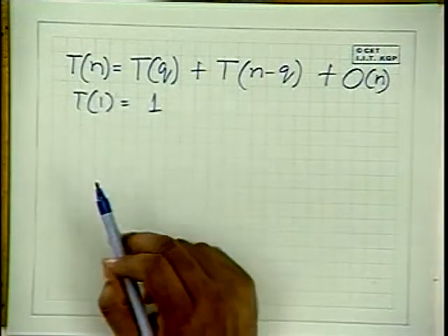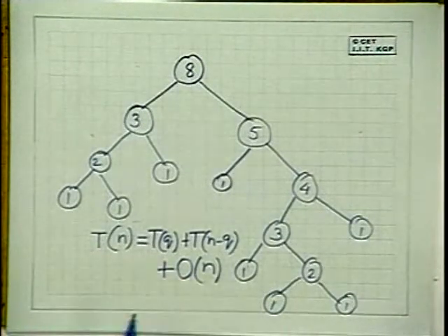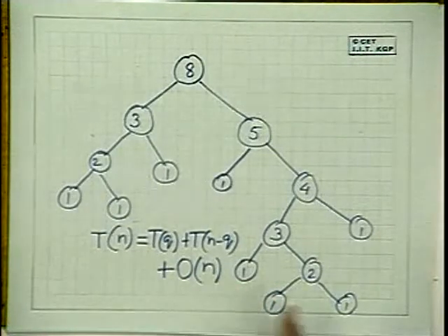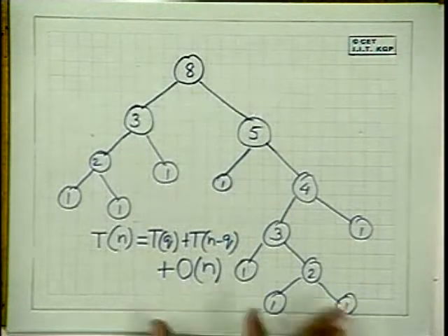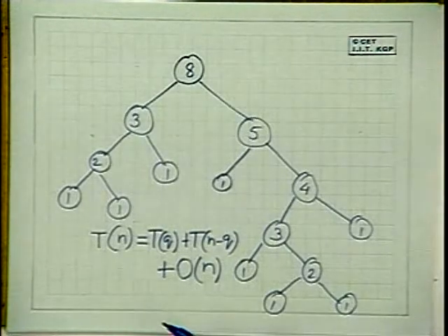Alright. Now, if the partition is very balanced, then you can see this tree will be a very balanced tree. Like 8 got split into 3, 5 or 4, 4. 4 got into 2, 2. Each time it was balanced partition. Then the entire tree will be of height log n. If the tree is balanced, then the height will be log n.